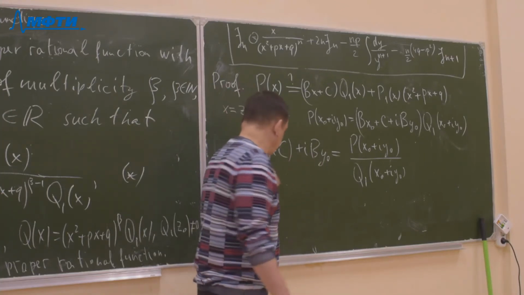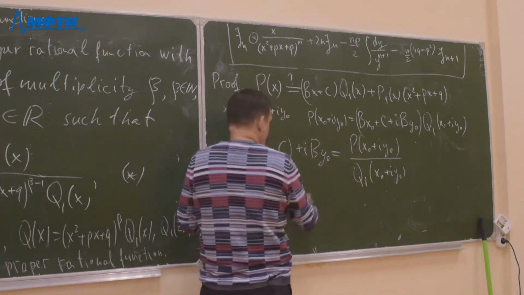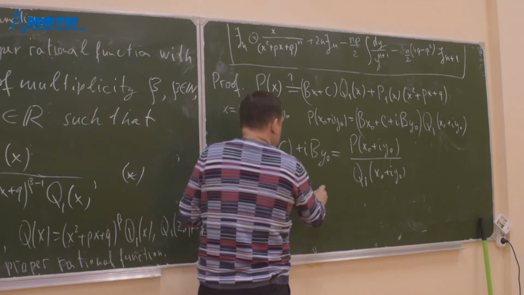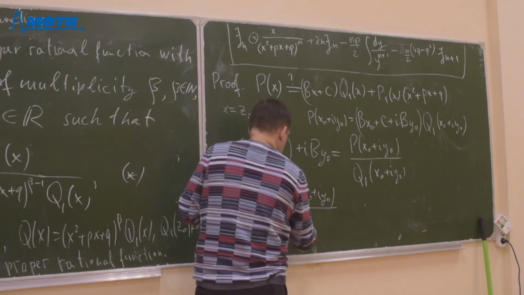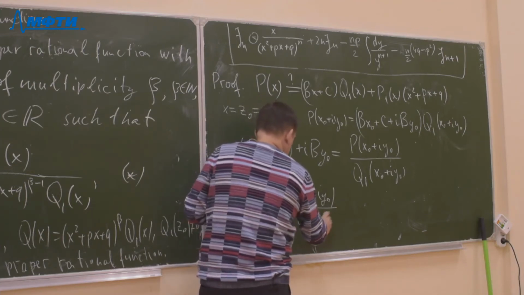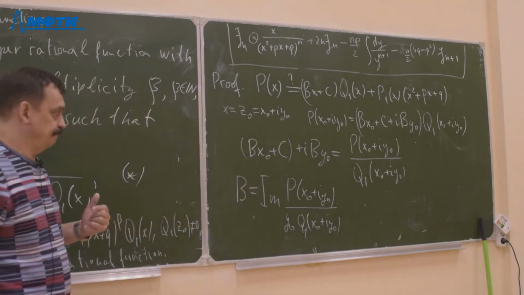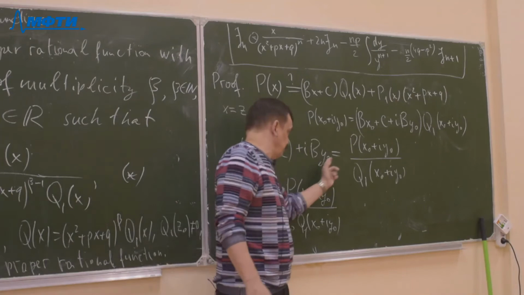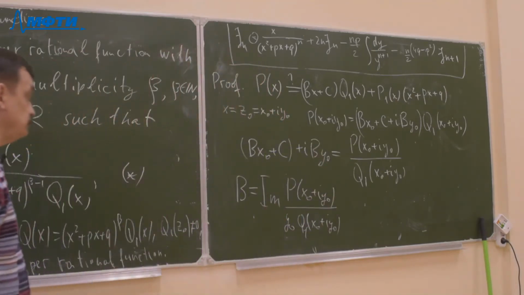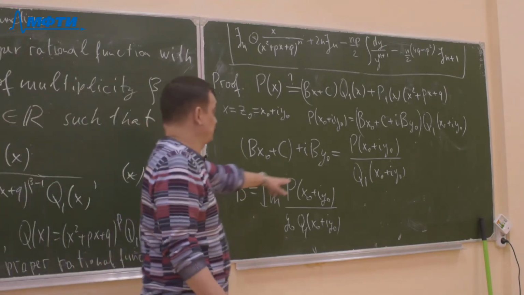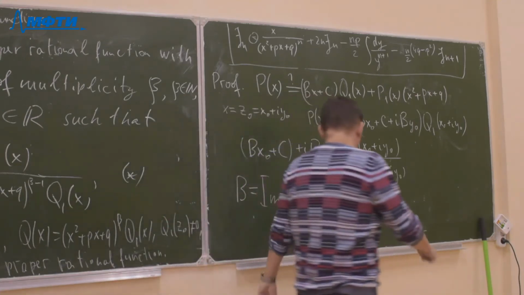Hence, we can compute firstly b. b equals to imaginary part of p x naught plus I y naught over y naught times q1 of x naught plus I y naught. Just take that one, divide by y naught. Y naught is real, of course, not 0. And take imaginary part, and you obtain b. And once you know b, you can find easily c, right? How?